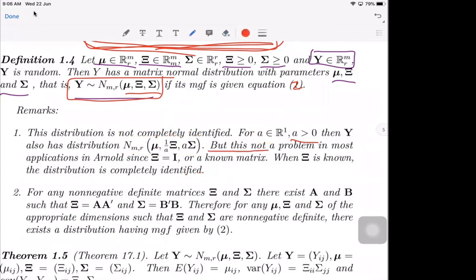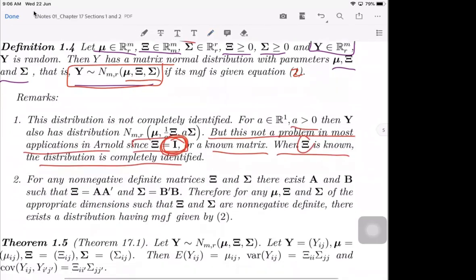Okay, but this is not a problem in most applications, since psi will be equal to I, which is a known matrix. Actually we make sure that the rows that we have, or the cases or the respondents that we have, are, as much as possible, independent. So when psi is known, the distribution is completely identified. Usually this problem is eliminated at the start of the study.